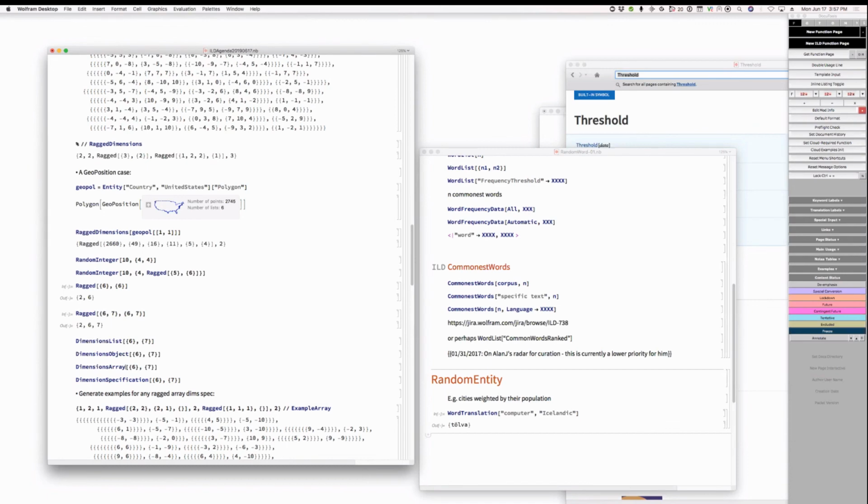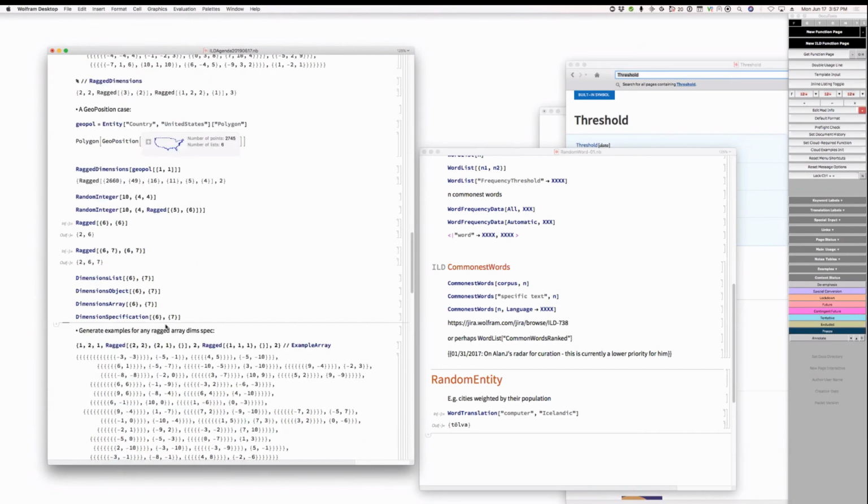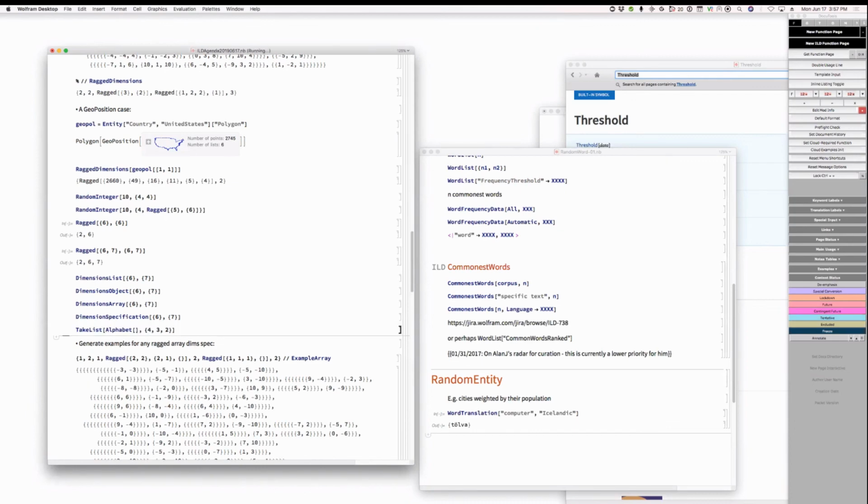Okay, take list. Okay, hold on. So your point is that take list, if I say take list of some alphabet, and then I say 432. What has happened to my kernel here? Well, anyway, there we go.